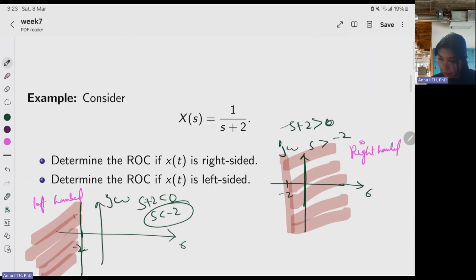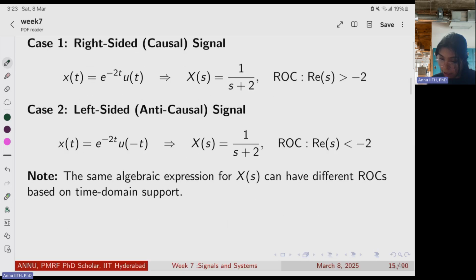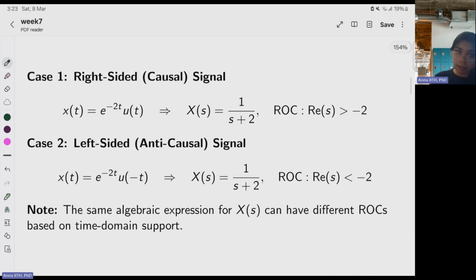If it is greater than minus 2, as you can see here, analyze it here. You can clearly see here that the same algebraic expression of X(s) can have different ROCs based on the time domain support.